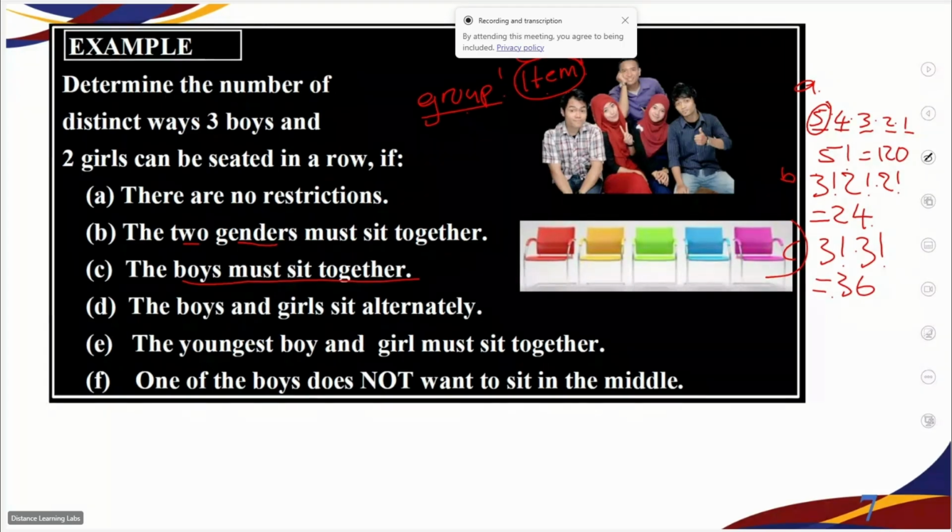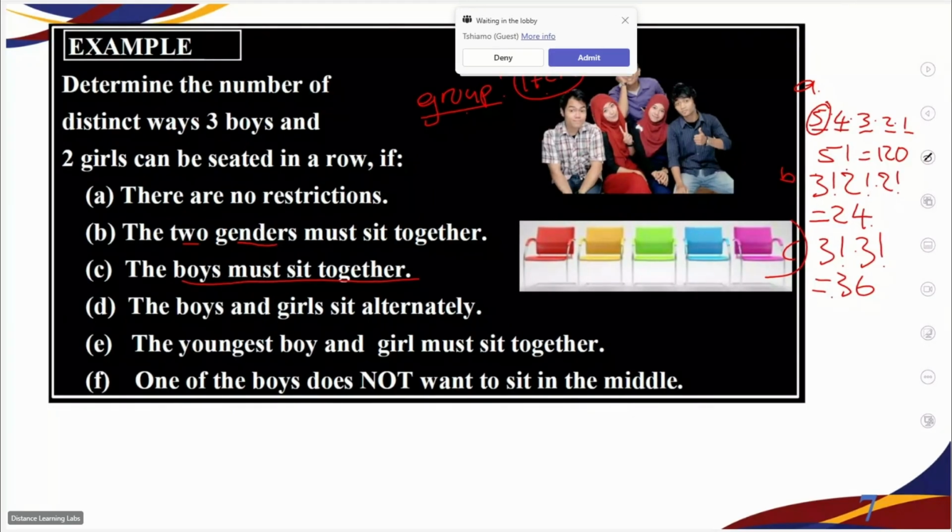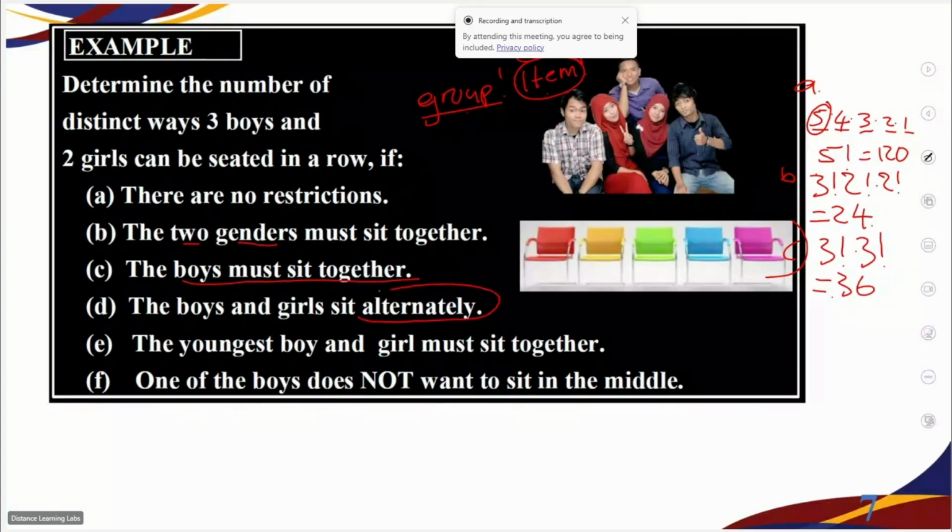Now let's check letter D. Letter D says the boys and girls sit alternately, meaning that they are to alternate. When it comes to alternating positions, you first check the total number of learners that you have. In this case, if I add 3 and 2, I have 5 learners.